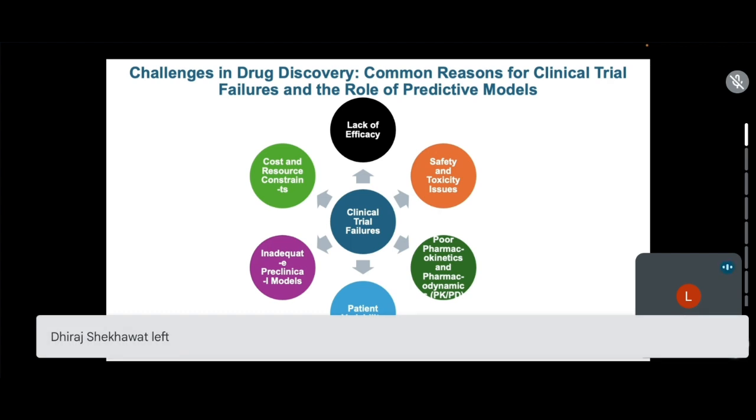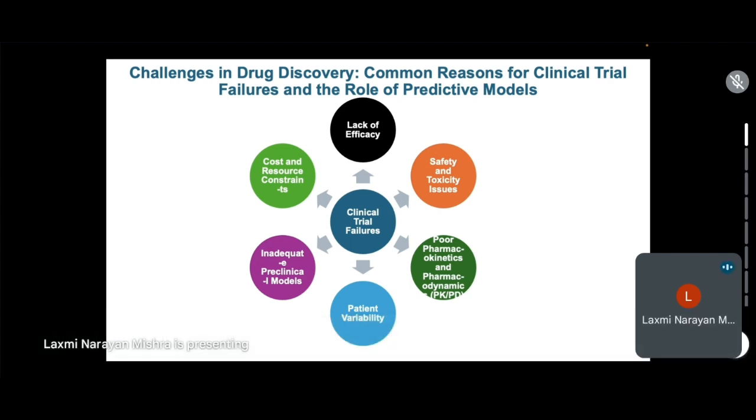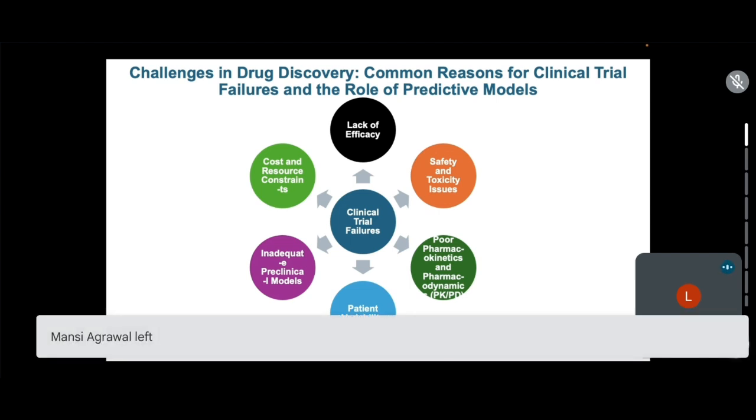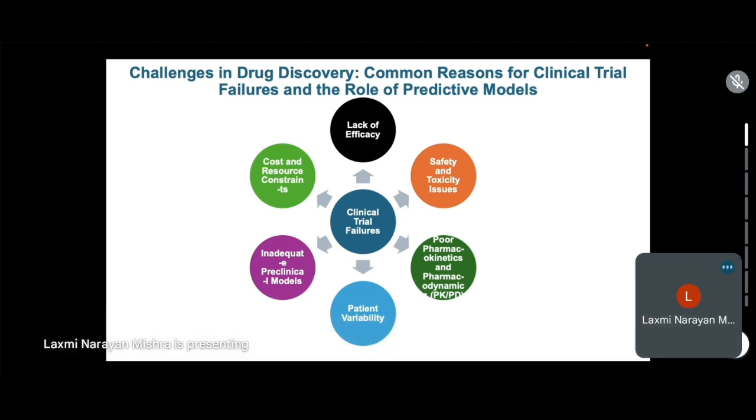There is patient variability, as I mentioned, that they go to different regions of the world, and patients have variability, and that variability can be genetic, epigenetic, or environmental differences.